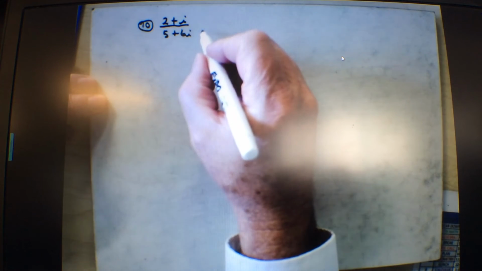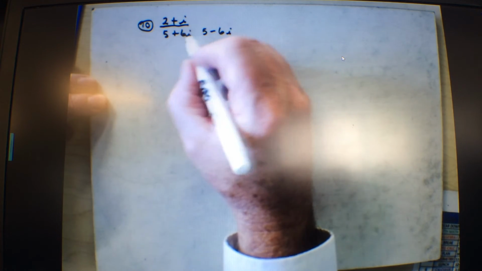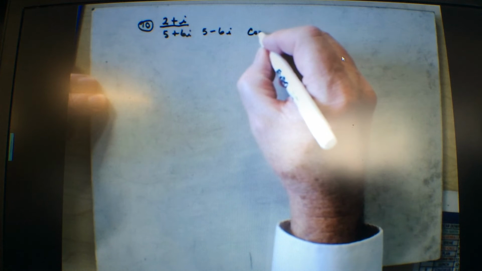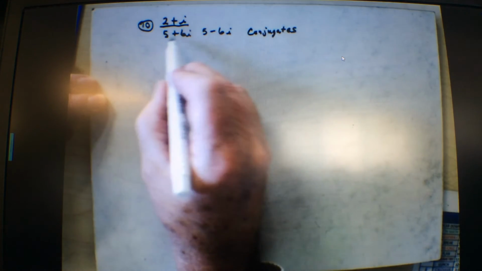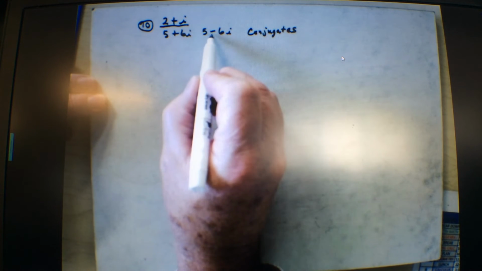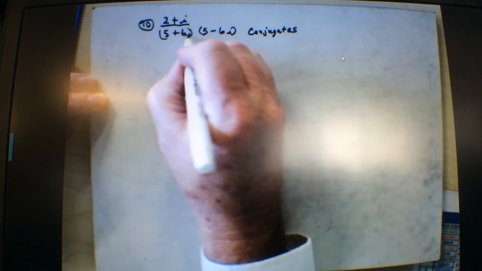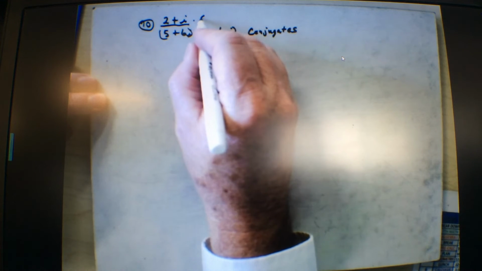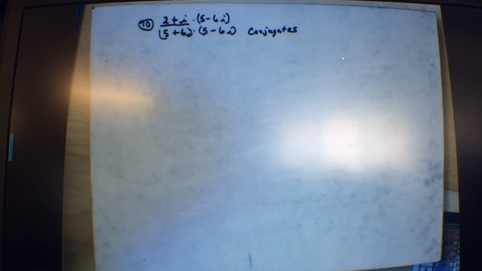What happened was we multiplied by the opposite number, and this is called a conjugate. These are called conjugates, this and this. They have the same real part and the same imaginary part, but they have opposite signs in between. If I multiply the bottom by this, then I have to multiply the top by this. So I end up foiling the top and the bottom.